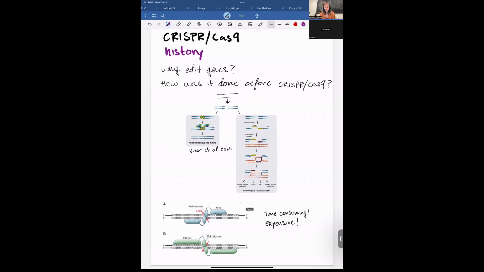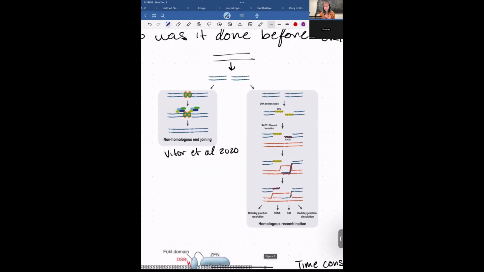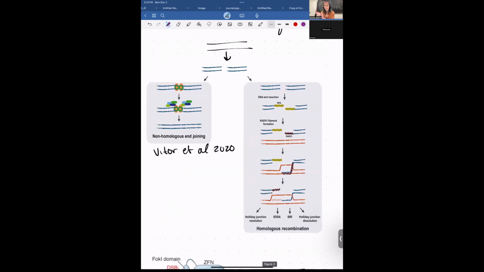So for a long time, the field wanted to be able to specifically manipulate genes of interest, but it was very difficult to do in the past. We have known for a while that a way to make targeted changes would be to exploit specific double-stranded break repair mechanisms in the cell.